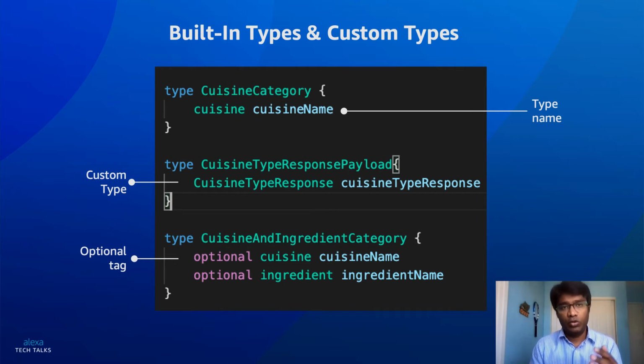The slide shown here, as an example, shows that cuisine category encloses cuisine slot, which is a custom slot, as its child. The second type here is a child which refers to another custom type called cuisine type response. The third definition here encompasses two optional child elements called cuisine and ingredient.